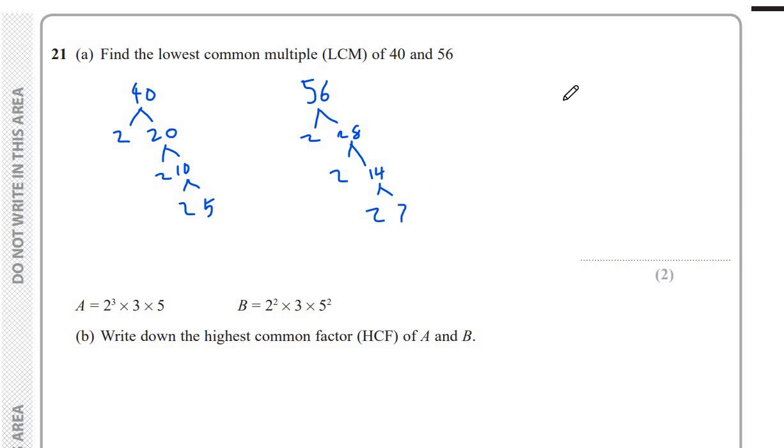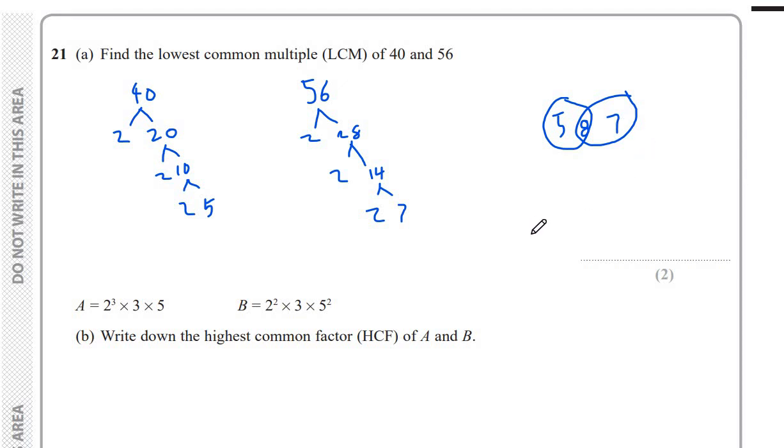And then if you draw a Venn diagram, so you have 1, 2, 3 2's here and 3 2's over there. So it looks like eight is common to both the numbers, and we have 5 and 7.